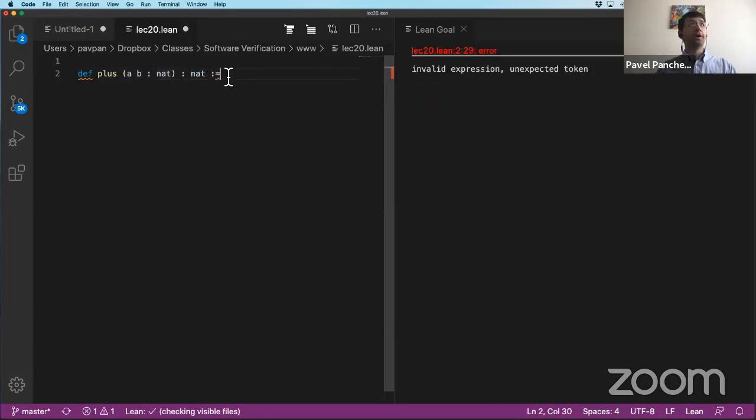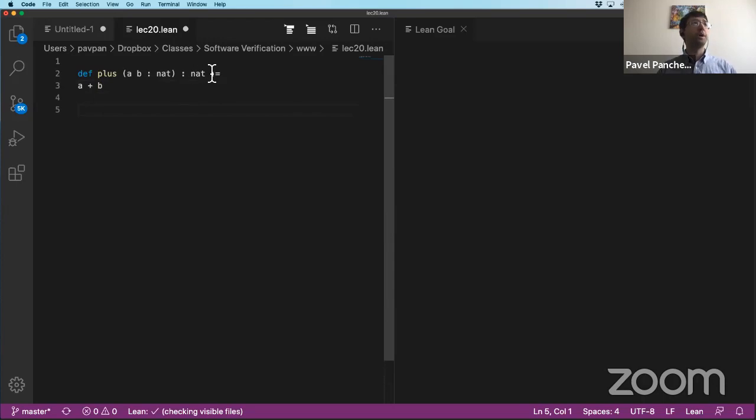And to define the function, I write colon equals, and then over here I write the definition, which is a plus b. So what's going on here is that I've defined a function, and that function is defined by a single expression, which is the body of that function. Of course, these expressions could be more complicated if I wanted them to be.